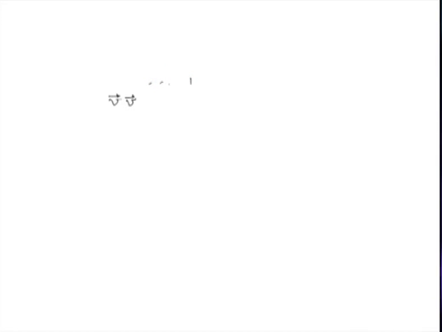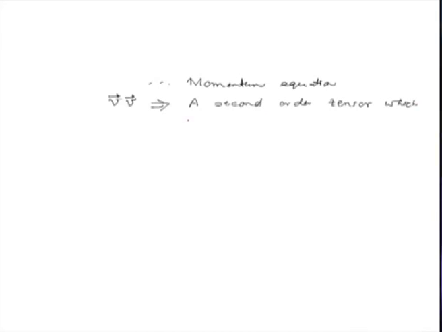So, this particular term which we got in the momentum equation actually represents a second order tensor, which is obtained by the outer product of two vectors.